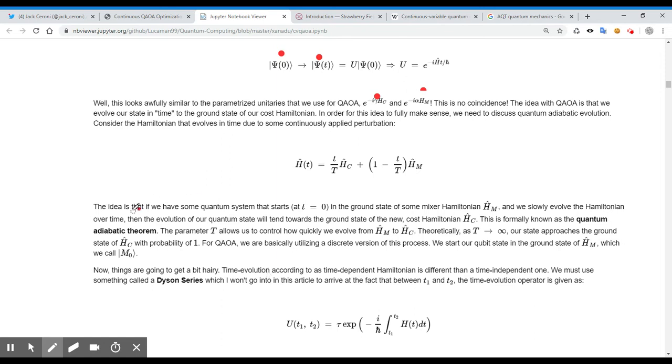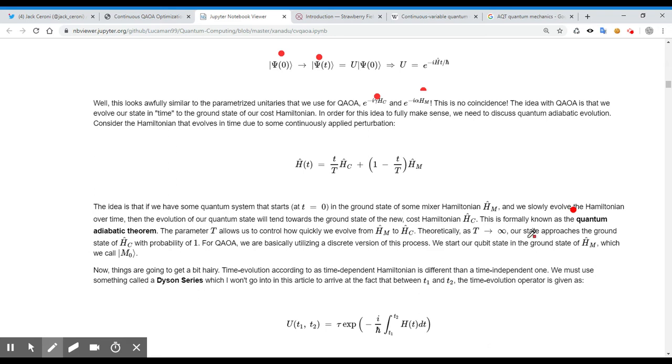The idea is that if we have some quantum system that starts at t equals 0 in the ground state of some mixer Hamiltonian, and we slowly evolve the Hamiltonian over time, then the evolution of our quantum state will tend towards the ground state of the new cost Hamiltonian. This is formally known as the quantum adiabatic theorem.